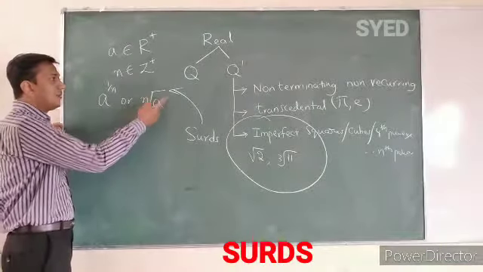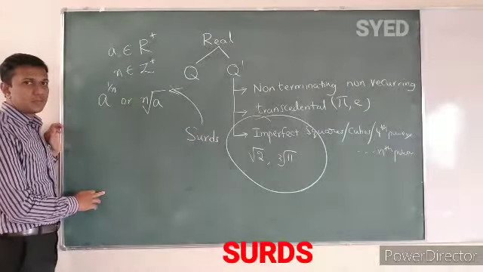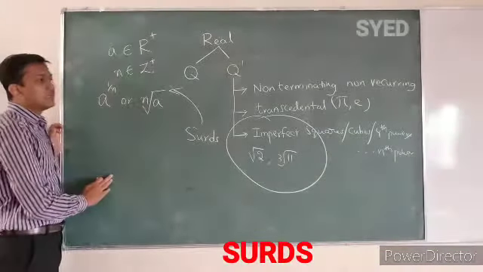One condition: you should not be able to calculate the root. Only in that condition it is a surd.